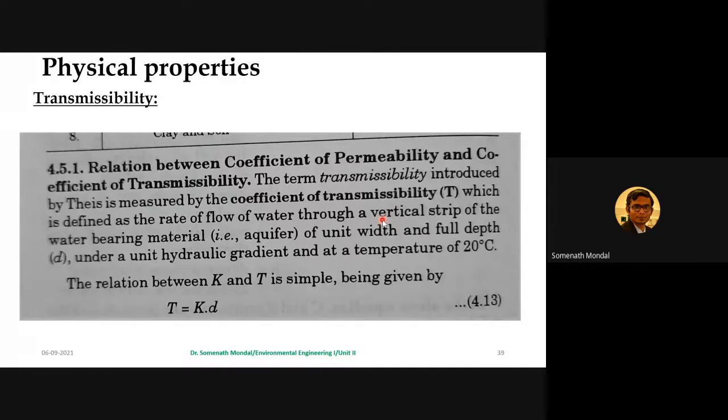T is equal to K into D. What is K? So basically this is a measurement of the amount of water that can be transmitted horizontally by the full saturated thickness of the aquifer, right?